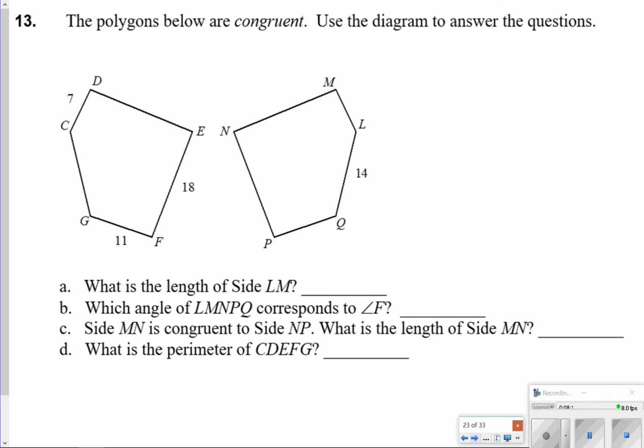Number 13 has 4 parts to it. The polygons below are congruent, so we're going to use the diagram to help answer the questions. The side LM is also congruent to side DC, so that means DC and LM both are 7.